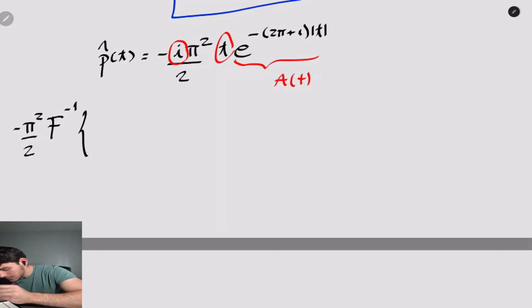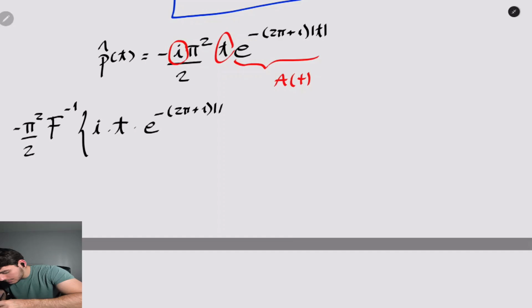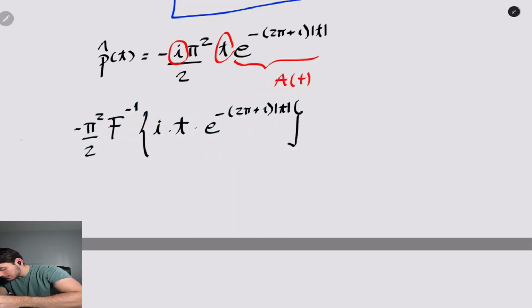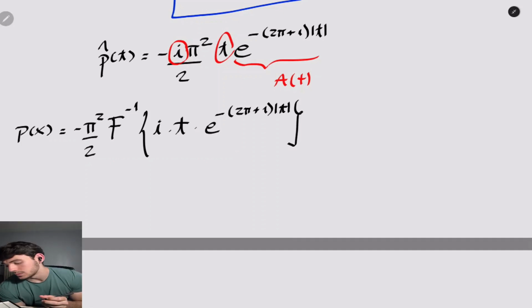Inverse transformation of i times t times exponential of minus 2 pi plus 1 modulus of t. That's basically our p of x, since we're gonna invert the p hat.